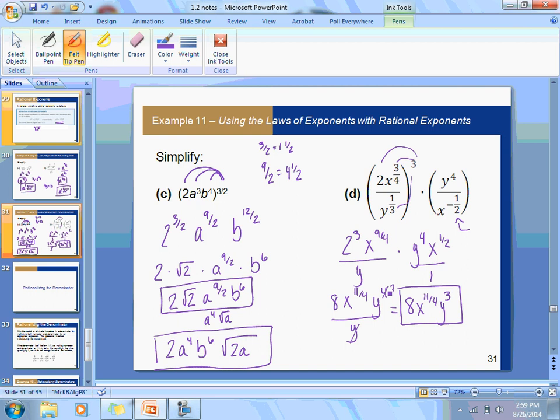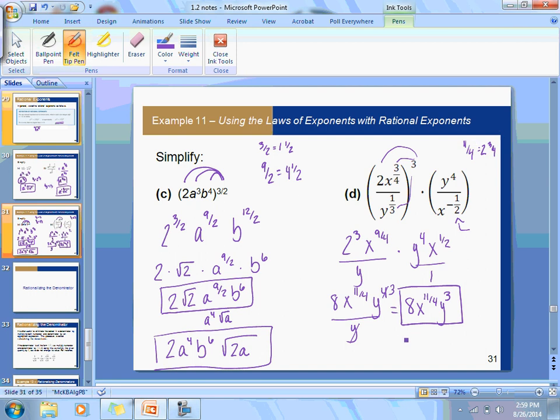That's totally fine. If you want to break down the 11/4, think of 11/4 as 2 and 3/4. 4 goes into 11 2 times, so that's 8. And then you have 3 more to get to the 11.